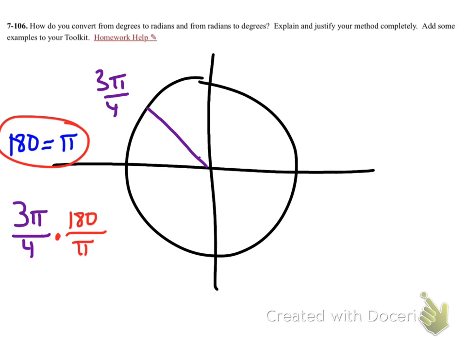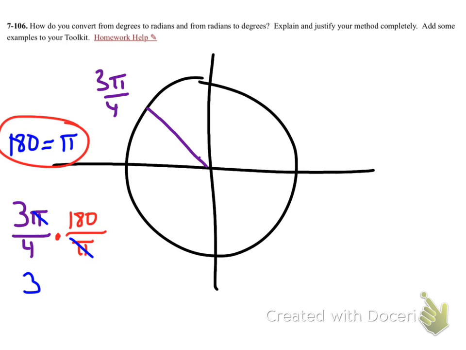Since 180 and pi are equal to each other, what I'm doing is actually multiplying this by just some big giant 1. That equals 1. So I'm multiplying this problem by a 1, and I'm not changing the problem, I'm just changing the form it's in. So when I do this now, pi divided by pi makes a giant 1 as well.